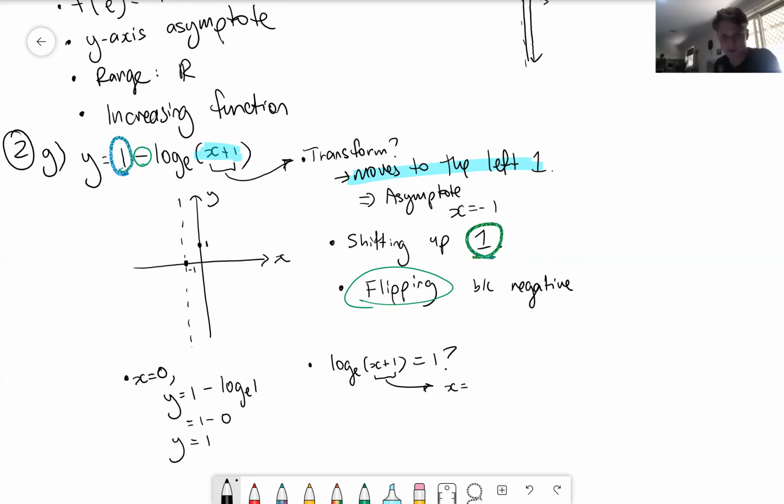When x is equal to e take 1, isn't it? Yeah, perfect. That's great work, Matt. So let's see what happens when x is equal to e take 1.